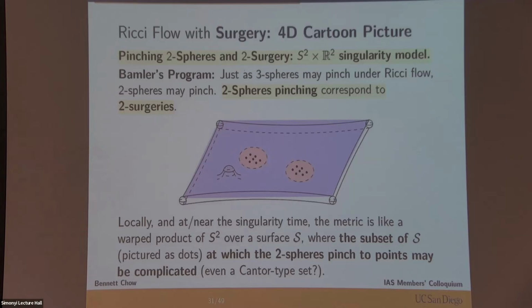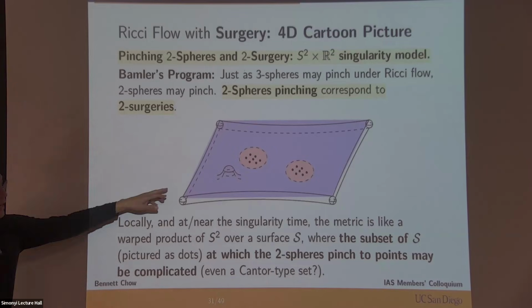So when you have singularity formation and you say S2 cross R2 is a singularity model, then there may be other associated singularity models for that singularity formation. Now we'll take a simple picture where S2 cross R2 is the only singularity model associated to the singularity formation. What you can picture is a two-dimensional surface worth of S2 over that.